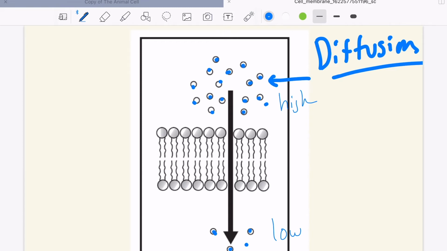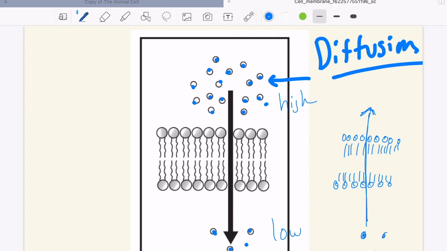Now I'm going to draw something on the side that is also speaking of diffusion. So if I have here my cell membrane, right? Their tails. Of course, they have 2 tails, right? But just for time's sake. And I have an arrow going the opposite way, right? And I have my molecules here. And I have my molecules here.